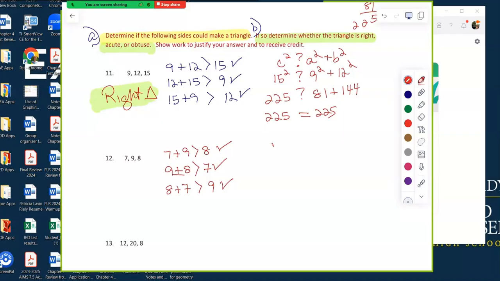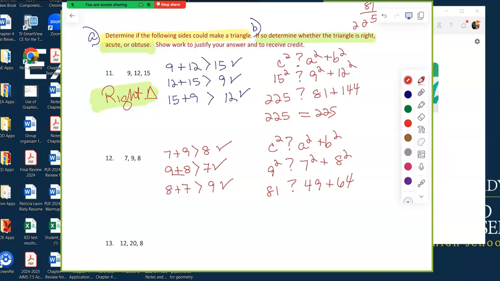Now I'm going to do C squared, question mark, A squared plus B squared. The C side is always the biggest. So I'm going to put 9 squared, question mark, 7 squared plus 8 squared. 9 squared is 81, question mark, 49 plus 64.